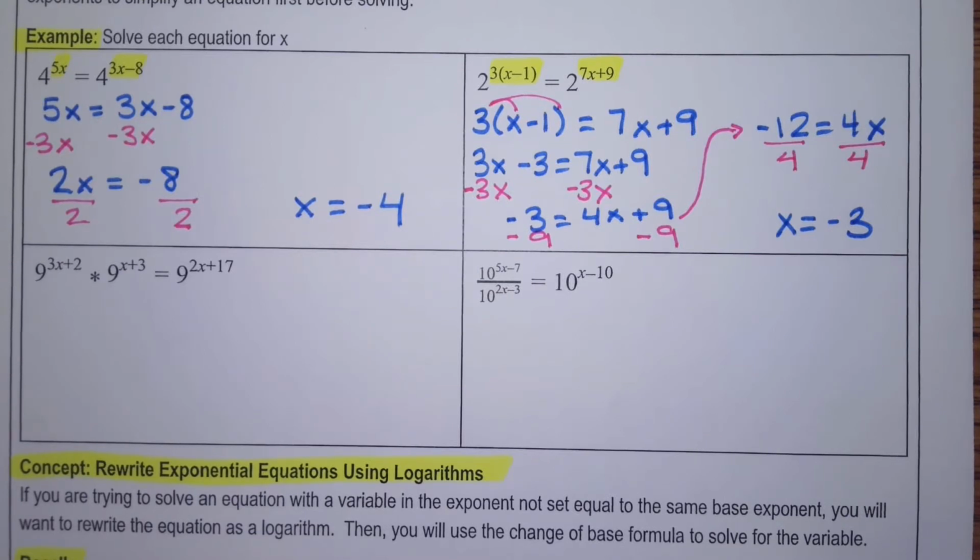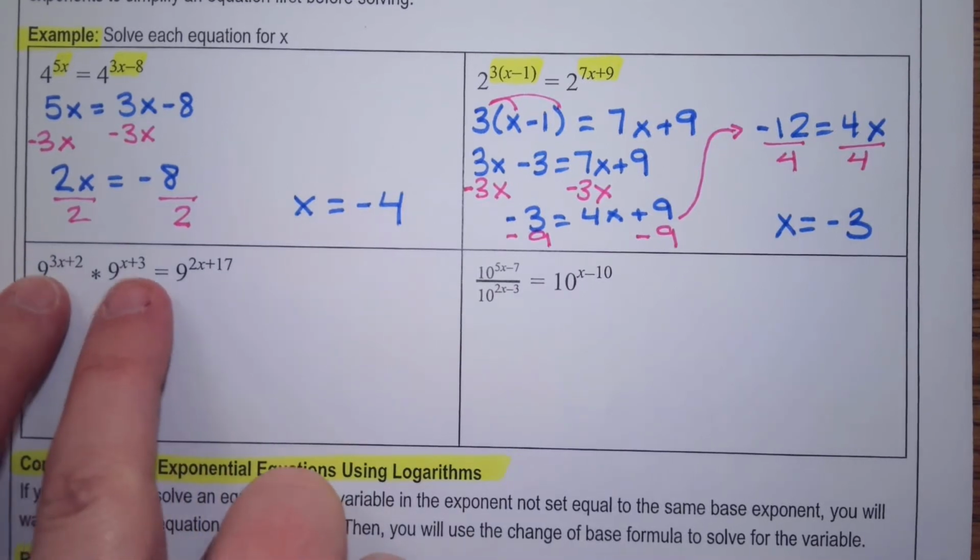Now, you may have to use some properties of exponents first before you set everything equal to each other. So this first one, we have 9 to the 3x plus 2 times 9 to the x plus 3 is equal to 9 to the 2x plus 17. So everything has the same base.